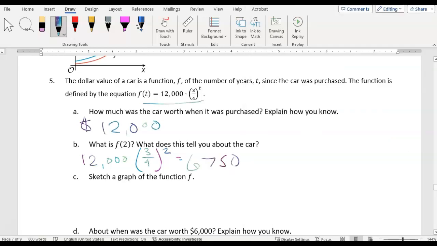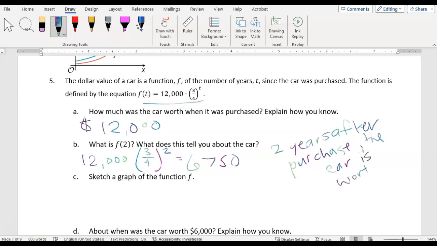And so that tells us 2 years after purchase, the car is worth $6,750.